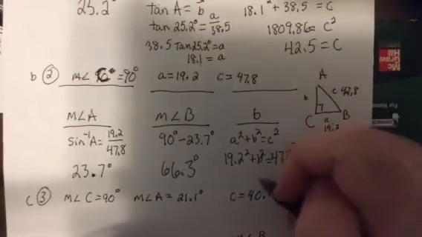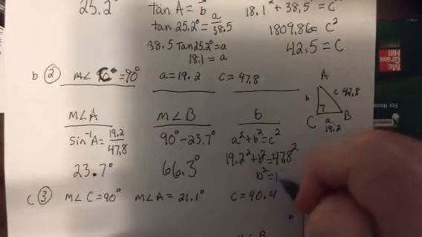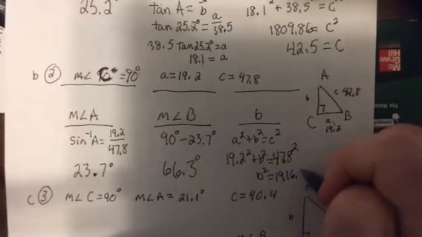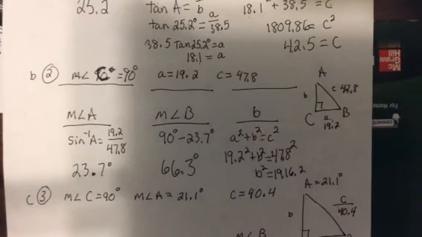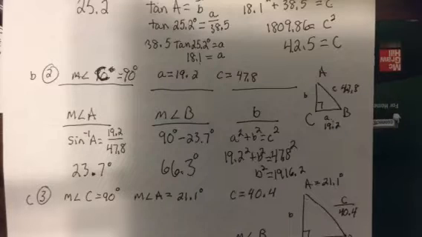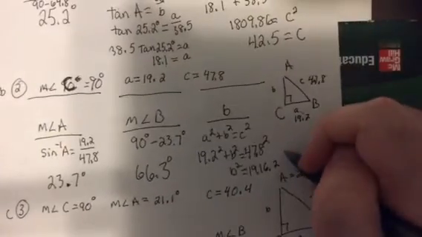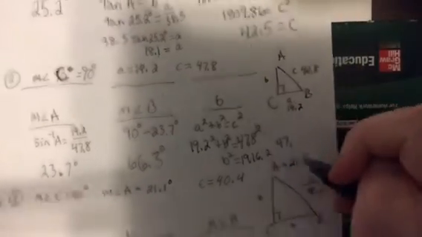And I get B squared equals 1916.2. So I'm going to take the square root of that, 1916.2, and I get 43.7.